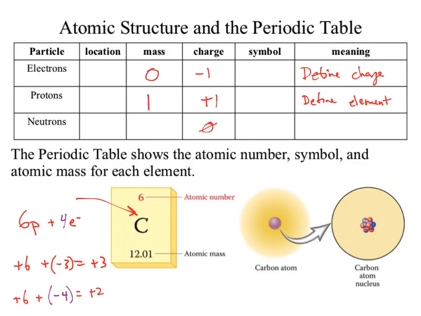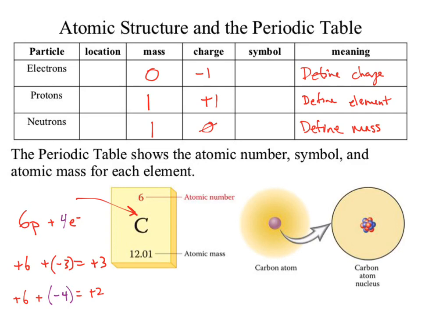A proton has a mass of 1. A neutron has a mass of 1. Once I've defined my element to determine the mass, I have to know how many neutrons are added into it. Okay? So I would make the argument that our neutrons define the mass. Kind of makes sense?